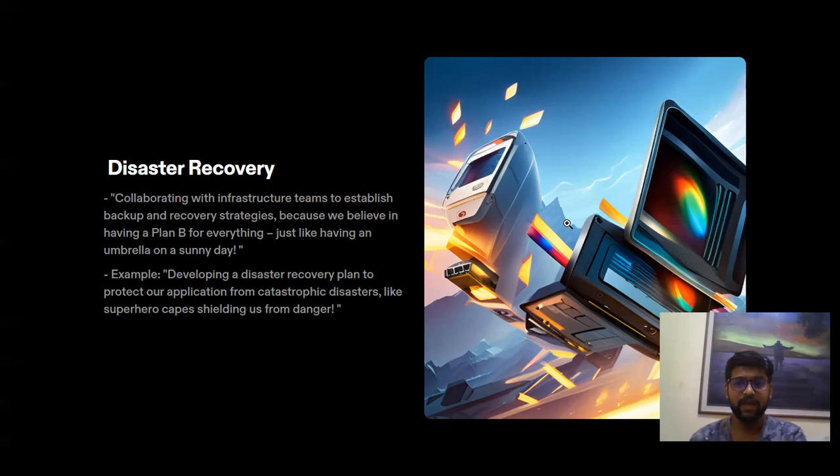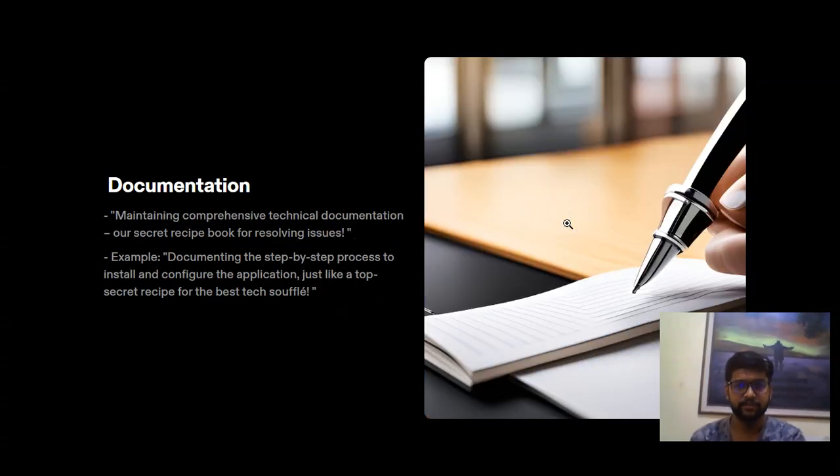There is always a plan B, so you need to prepare for plan B. You need to collaborate with disaster recovery teams and make sure that all disaster recovery plans are up to date in case the application fails. Developing a disaster recovery plan protects your application from catastrophic disaster, just like a superhero cop shielding us from danger. That is an important role and responsibility for an application support engineer.